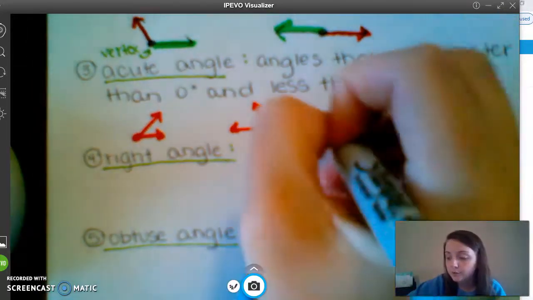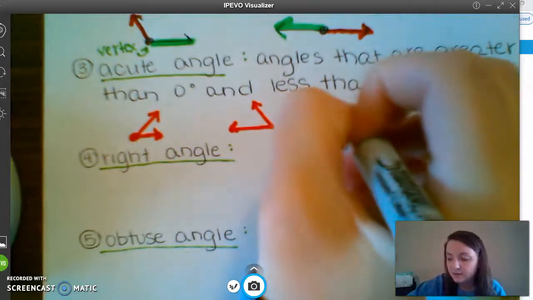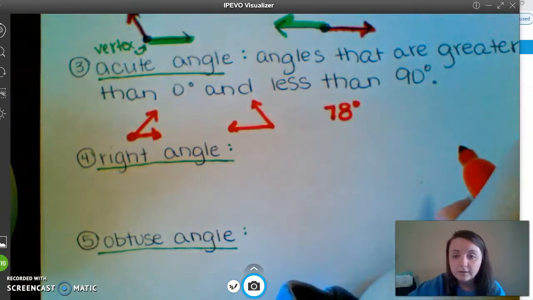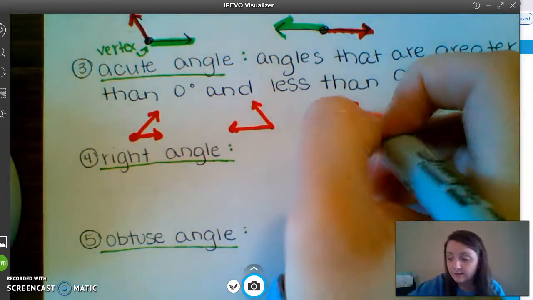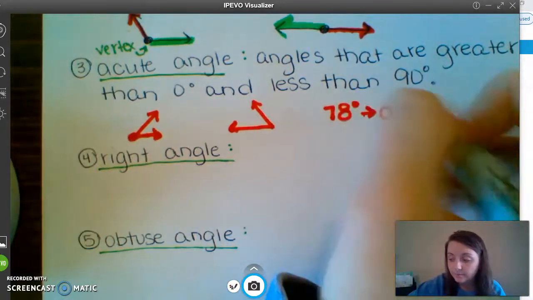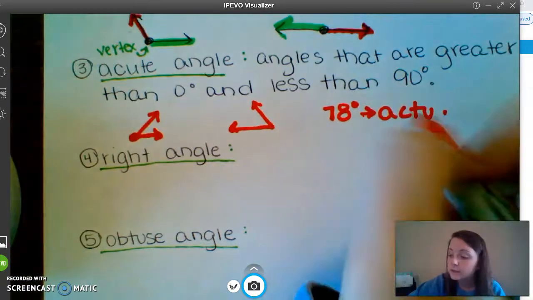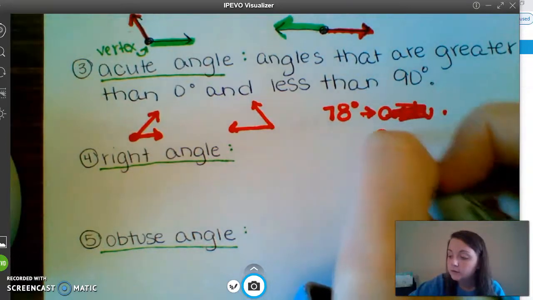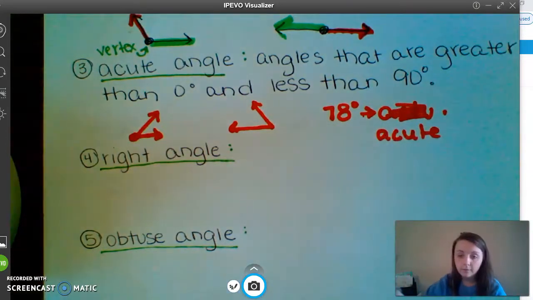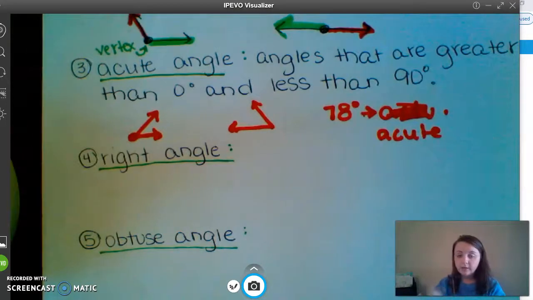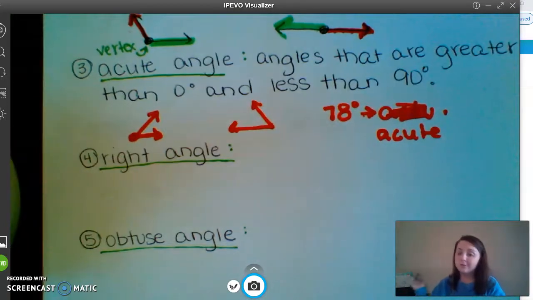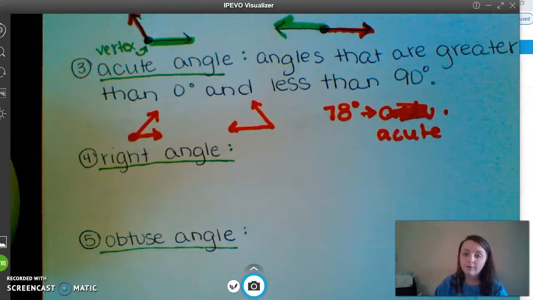So if I told you 78 degrees, well, that's greater than 0, less than 90, so you would say that that's acute. You would say that's acute, okay? So anything greater than 0, less than 90. I know you've already covered this, but it's a good way for us to start geometry and for you to feel comfortable with some of the material.